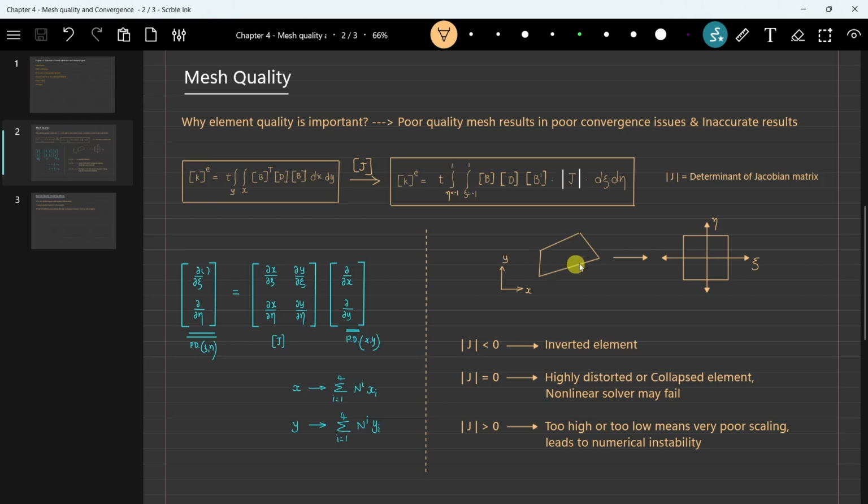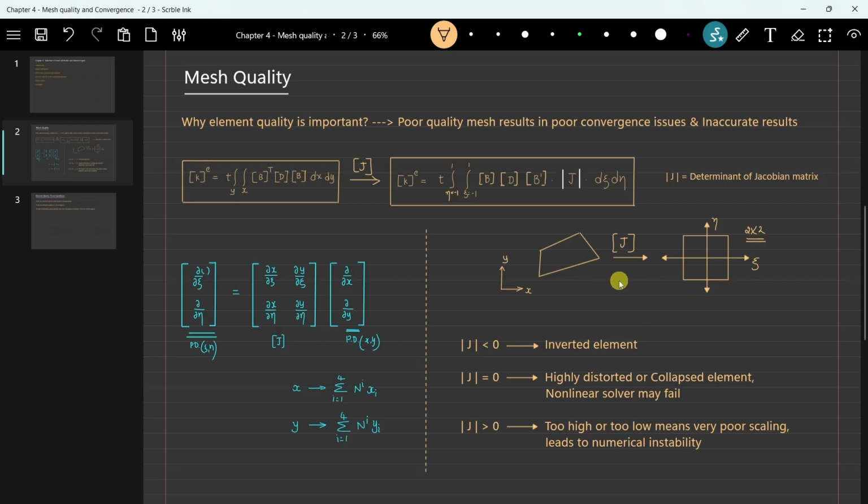So if I have an element something like this in a global coordinate system, with the help of Jacobian, I can map it into natural coordinates, something like this. Basically, the Jacobian is a size and shape factor. If the element is bigger or smaller, it will turn it into uniform size, that is 2 by 2 element size in case of quadrilateral element.